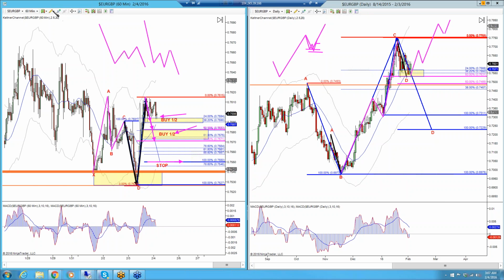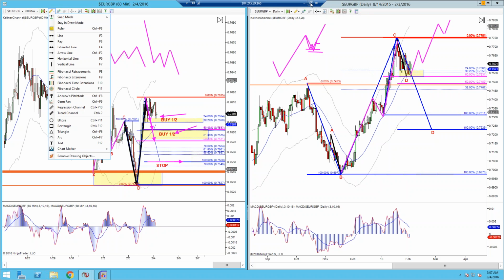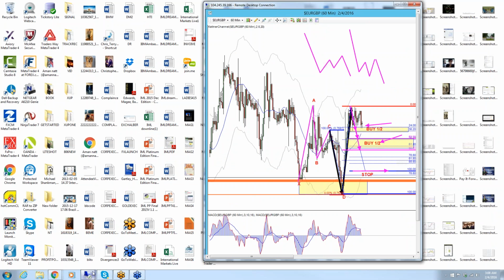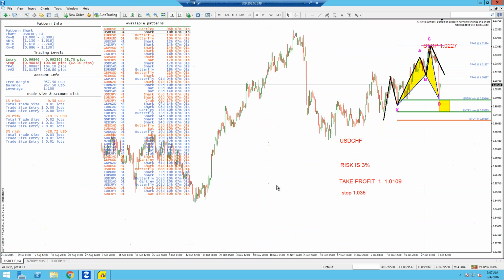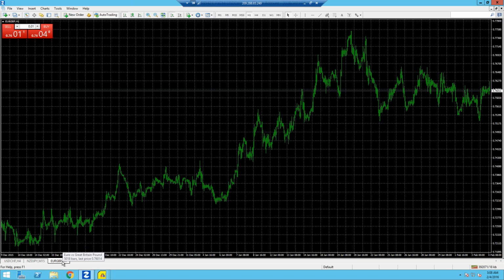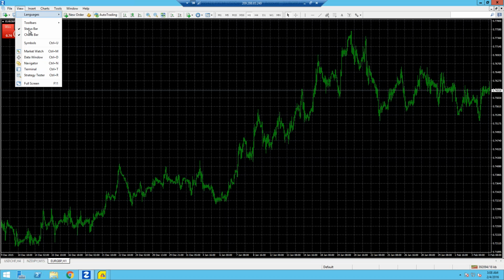So what do I mean when I'm buying half? Let's just say you're looking at MetaTrader 4. What do I mean by buying half?